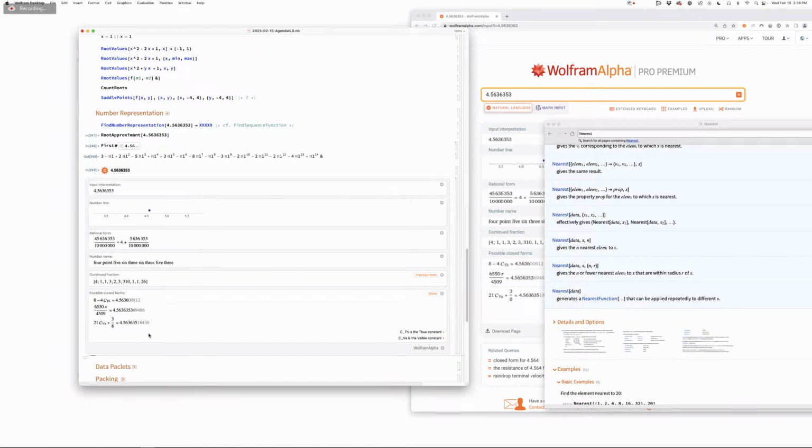The fixing of this really should go along with the fixing of FindFormula, which really should be modernized. I don't know exactly where that's going to fall, because that is a combination of symbolic regression and modern machine learning methods.